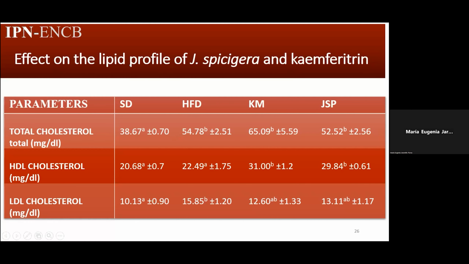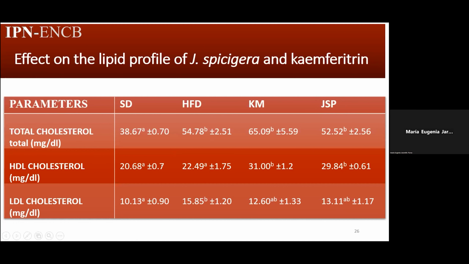The lipid profile due to treatment with Justicia spicigera and kaempferitrin was the following. Total cholesterol: you see the increase in the group of animals with high-fat diet, followed by a very high increase with kaempferitrin, but a small reduction with Justicia spicigera.